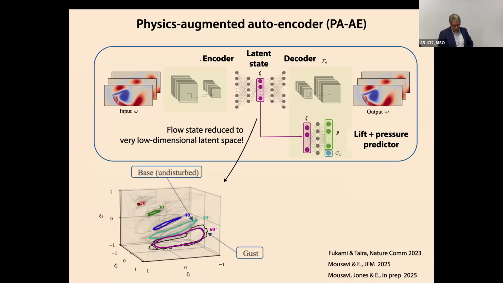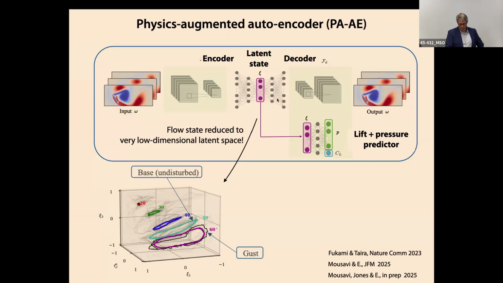Okay, so this is an example. Actually, it is a plot from Kai's paper. They used a three-dimensional latent space. It's kind of incredible to think that you could take a flow field, which is hundreds of thousands of dimensions in size, right? That's the dimensionality of that flow field, and reduce it to 3 numbers. I just still find that incredible.